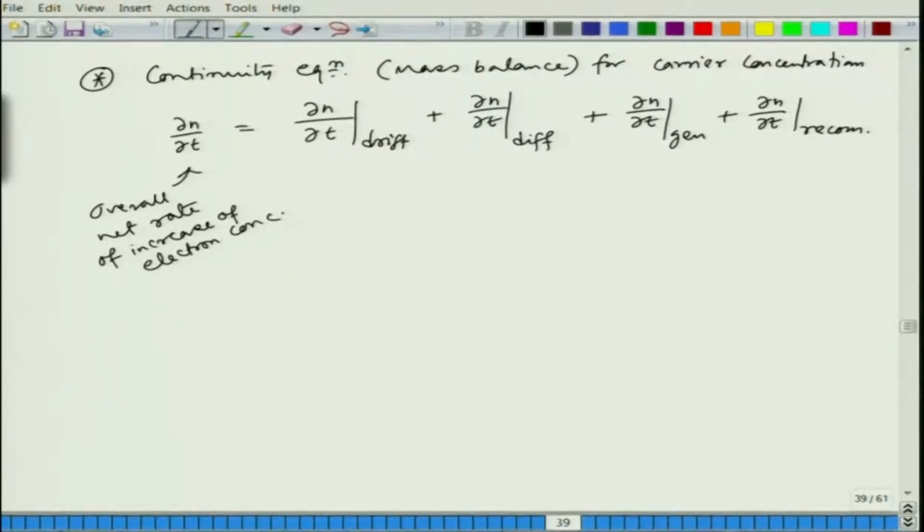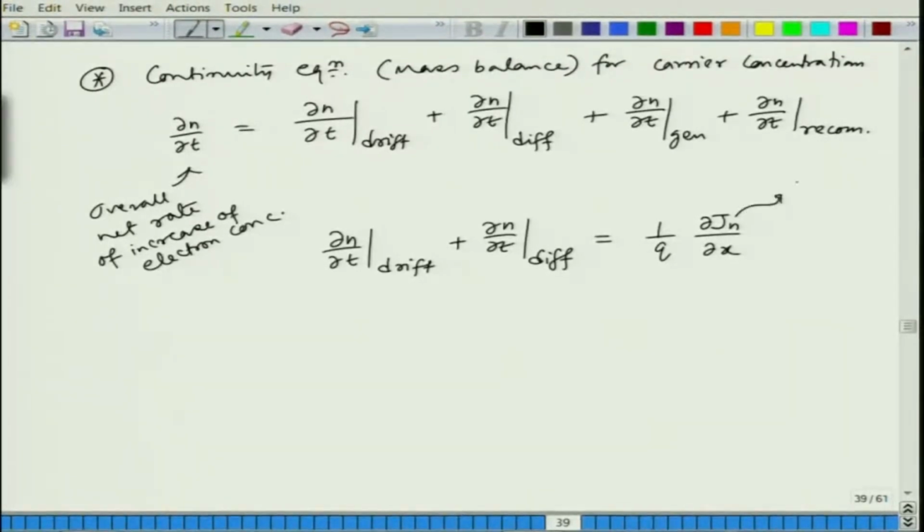Now, earlier we have seen that these two quantities, del n del t for drift plus del n del t for diffusion, you can write in terms of the current density. So, this will be nothing but 1 over q del j n del x. Okay.